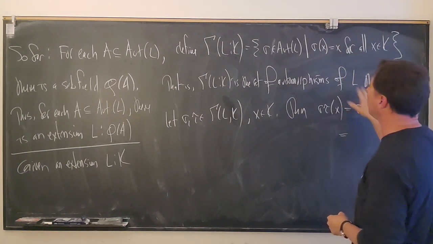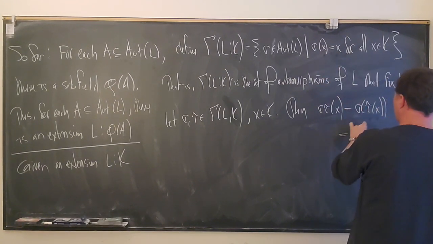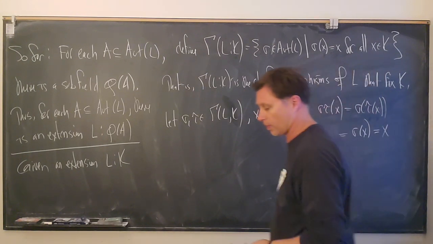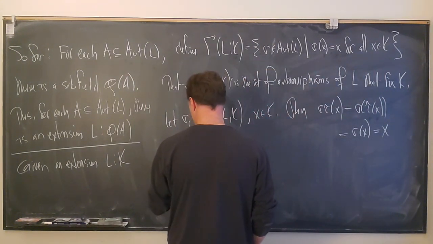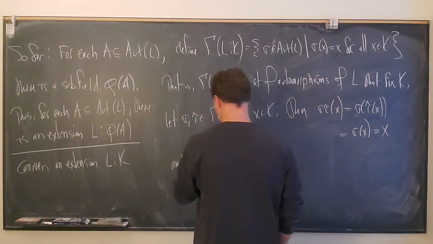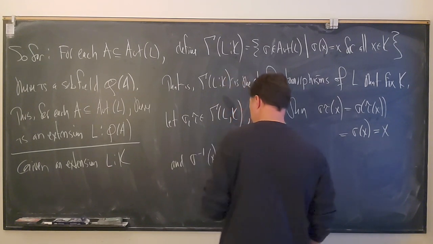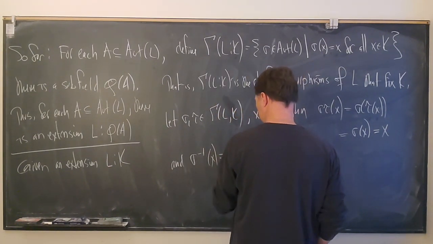But tau, because it lives in here, fixes x. So this is equal to sigma of x, which is equal to x.